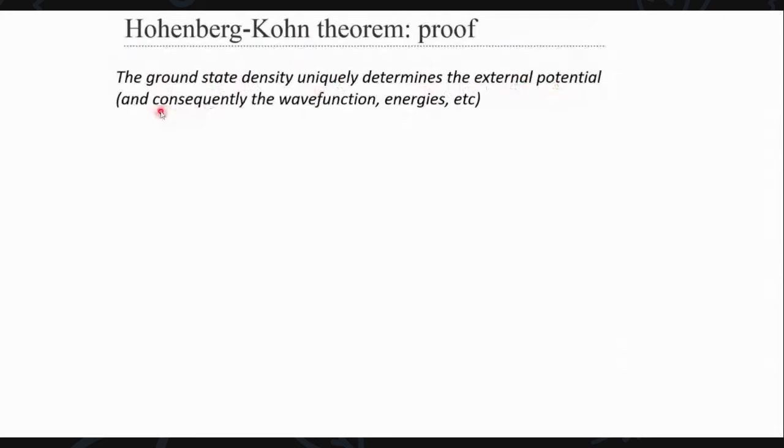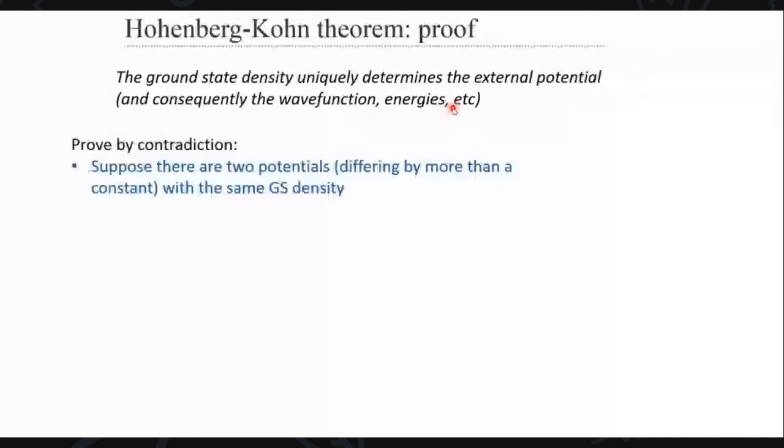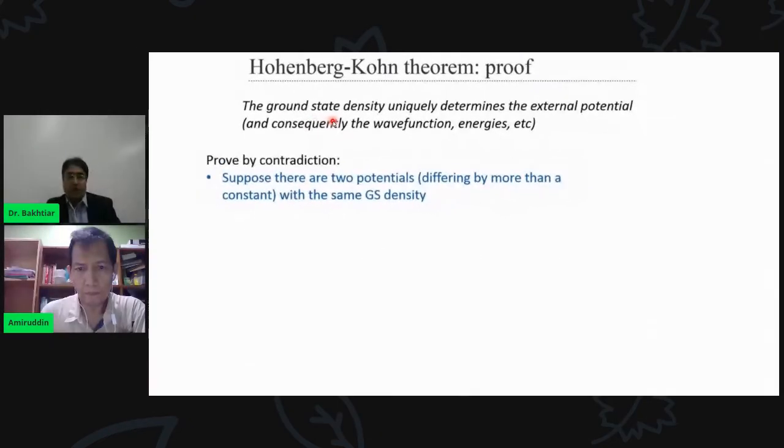Let's say that the ground state electron density does not uniquely determine the external potential. That means different external potentials can have the same electron density. If we suppose that, then we have two external potentials.